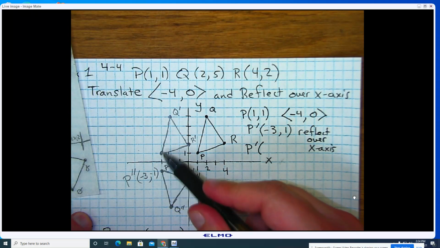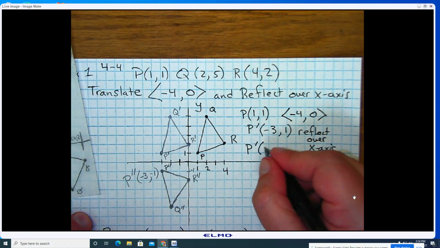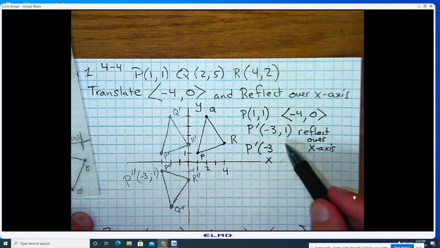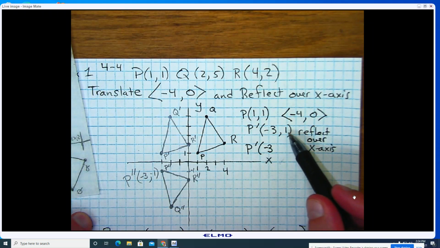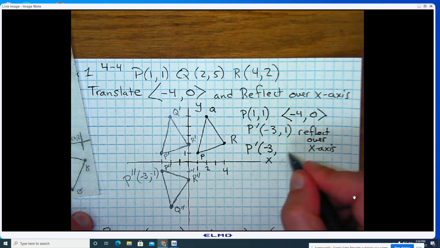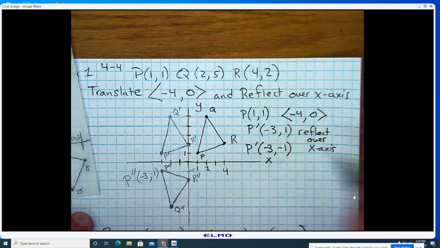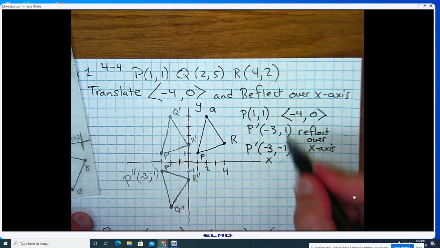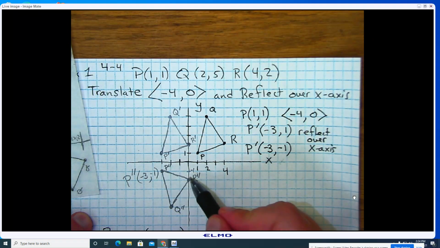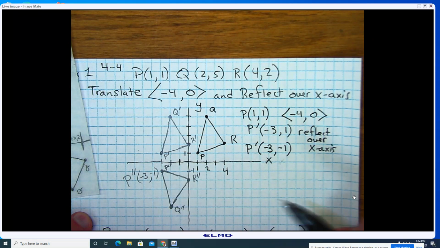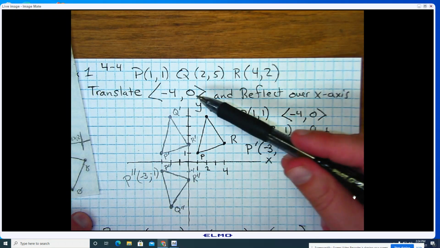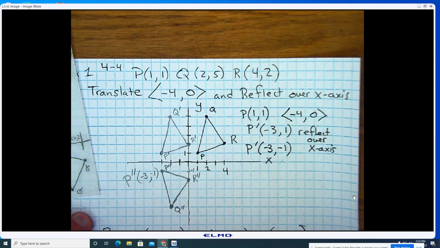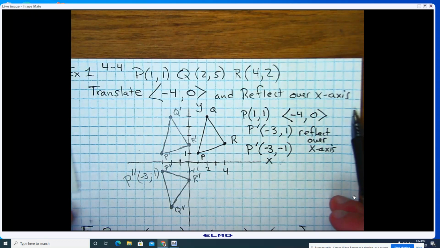Notice that the x value stays the same, -3, and then the formula is you're doing the opposite, or you change the sign of the second number. So that would be a -1 right there. Change the sign of the y in this case. So notice that is at -3, -1. So there's several different strategies we can use. The key is just having a system to go through this. And that's example number 1.